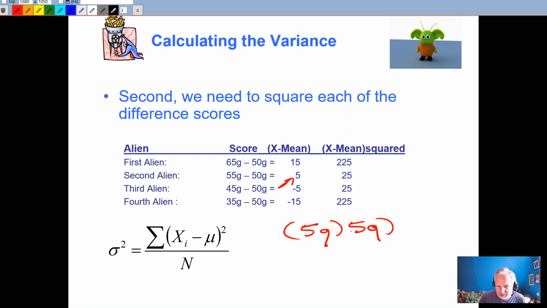So my unit of measure goes from grams to grams squared. So there's a cost here because I now have a different funky unit of measure.